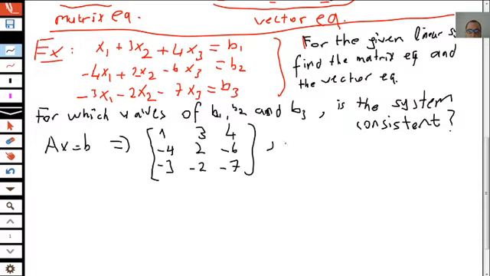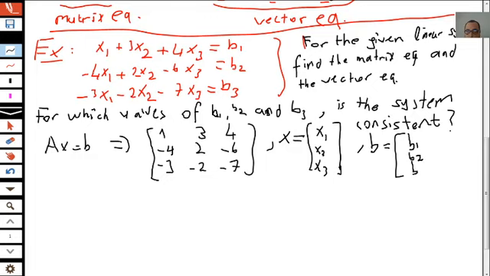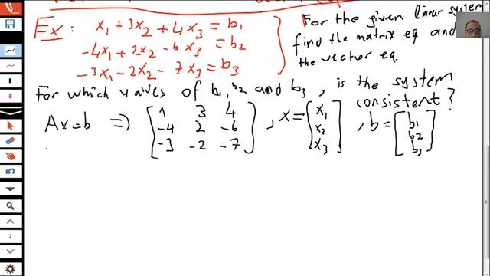X has the components x1, x2 and x3, and B has the entries b1, b2, b3. Therefore we have the matrix equation such that A is a 3 by 3 matrix, X is 3 by 1 and B is 3 by 1.